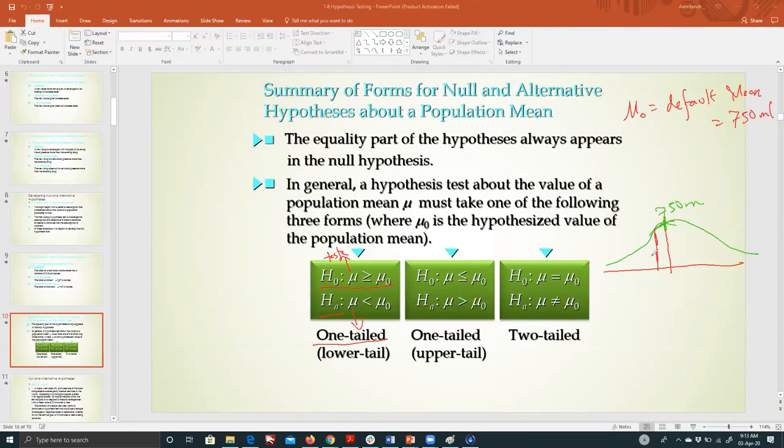With some confidence interval, you are saying no, my mu is falling here in the lower regions, not in the upper one. So it's a one-tail problem because anything upper is equally fine for me. Anything lower is the problem. So this is a one-tail, lower tail problem.